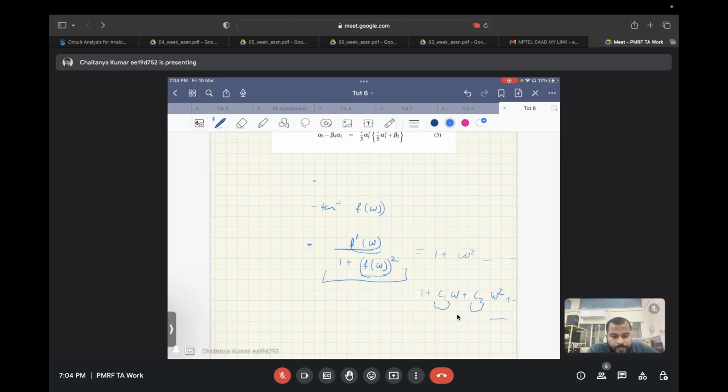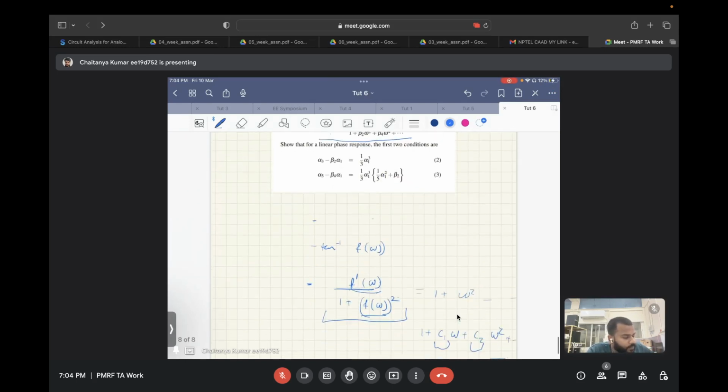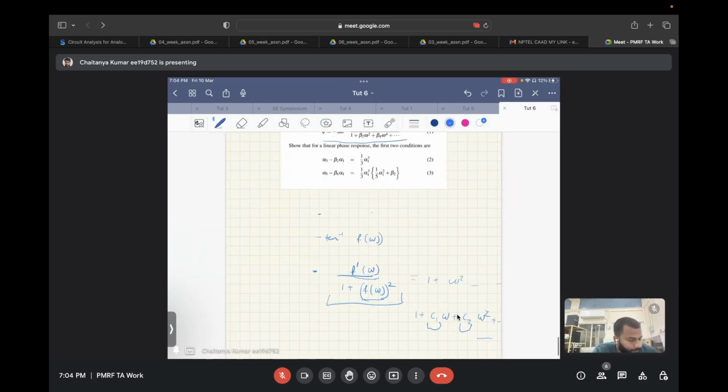Okay. So we will have one equation that d phi by d omega is a constant, and a second equation that the higher derivatives are all zero. Those are the two conditions we will need.